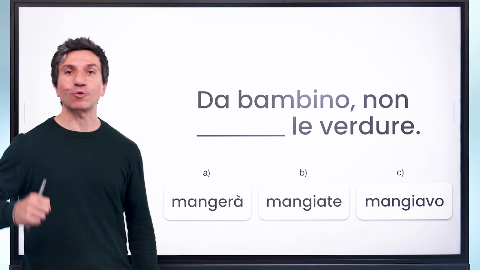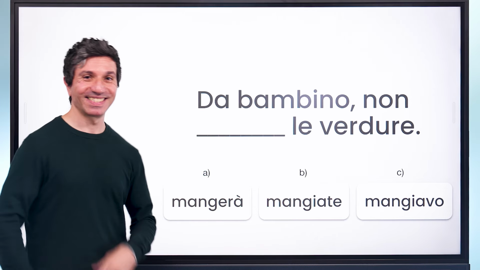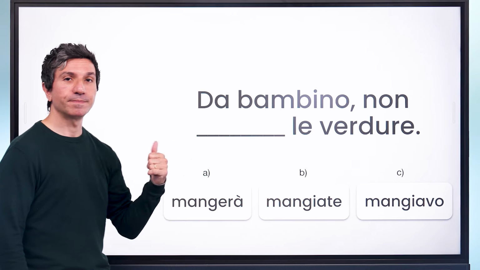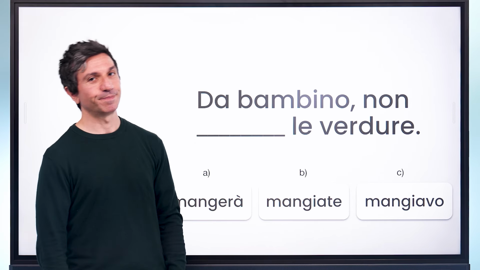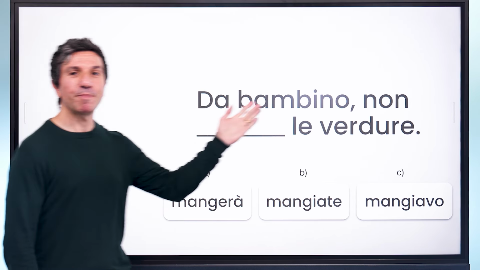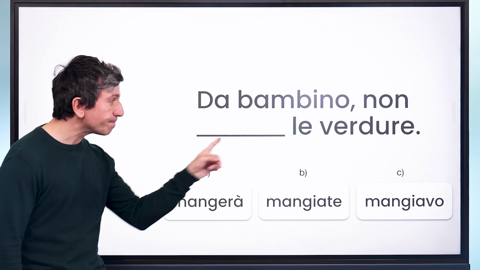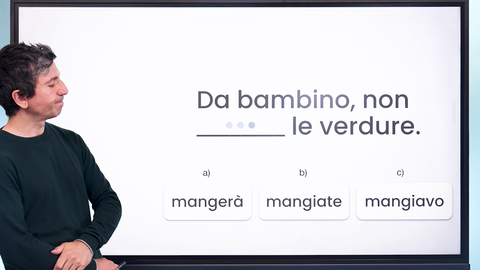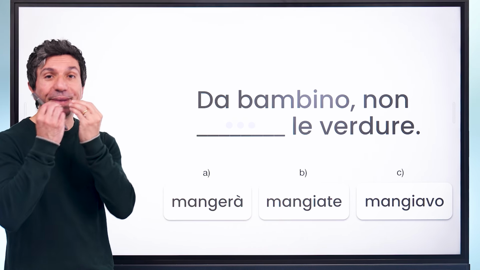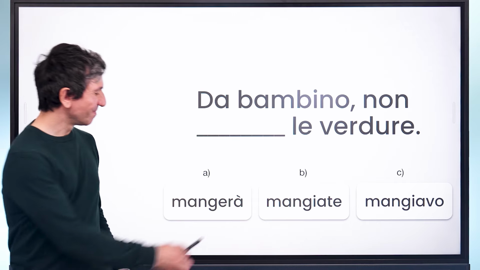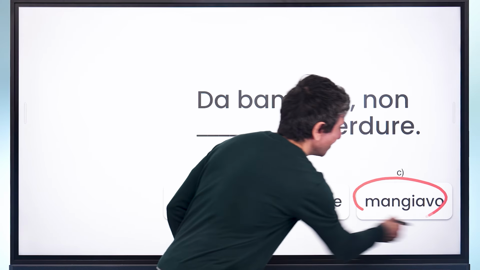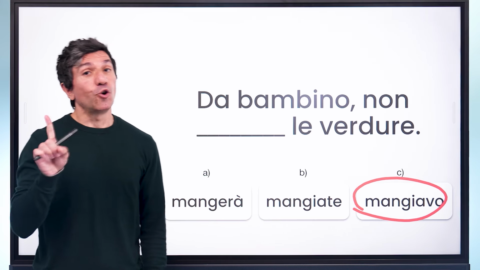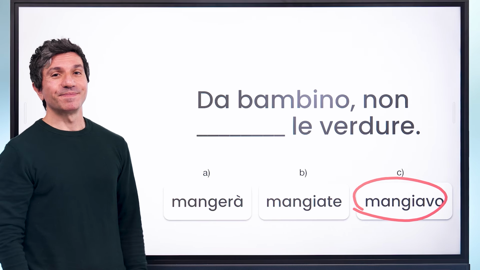Choose the best answer to complete the sentence. Ready? Da bambino, non le verdure. Mangiavo.